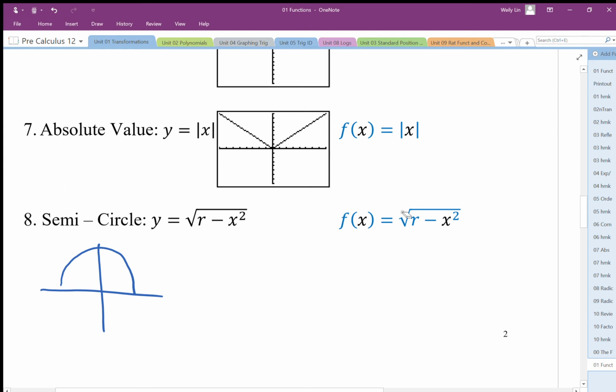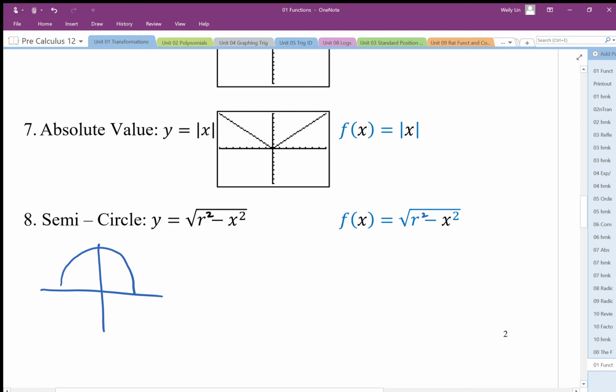The functional part of it is the square root of r squared minus x squared. The blue part represents the functional part of it, what happens to the input, and the x is my input. We get a graph that looks like that.